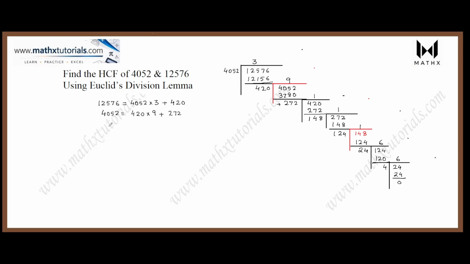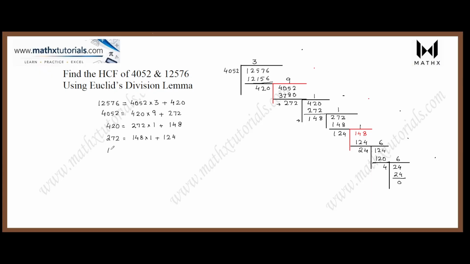Now we will write 420, which is equal to 272 times 1 plus 148. Then we go to the next one. We have 272. We divided by 148, which went into it one time, and the remainder was 124.